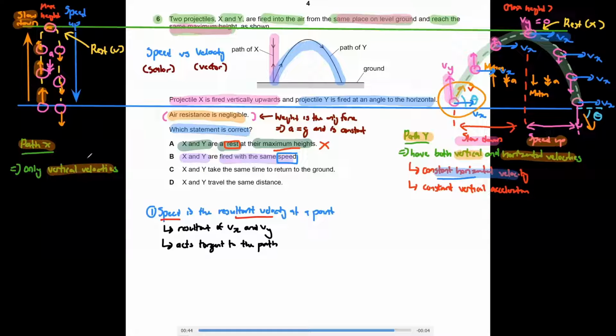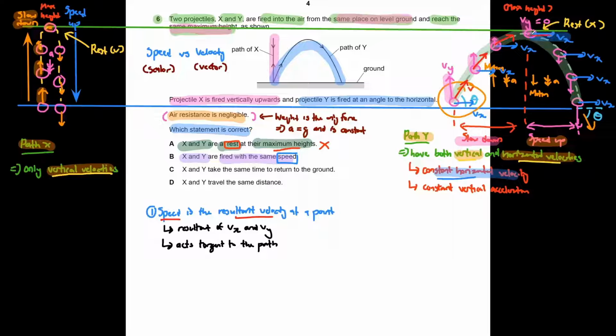For projectile X, the speed is really just the vertical velocities because it was already mentioned here that it only consists of vertical velocities. But for projectile Y, you will need to consider both the vertical and horizontal velocities. So in our case, the speed here is actually these arrows right over here.